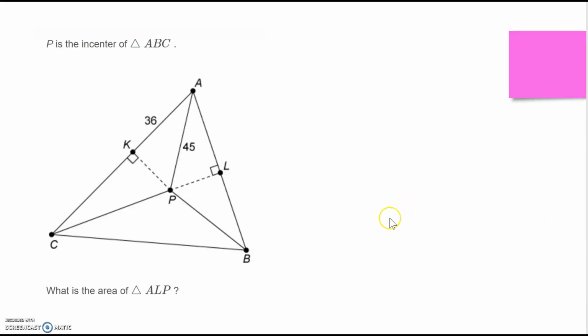All right, this and the next one, we are looking for the area of this triangle. I'm going to highlight it. This triangle here. Okay. And so first we know that these are congruent, and we know the sides of these.